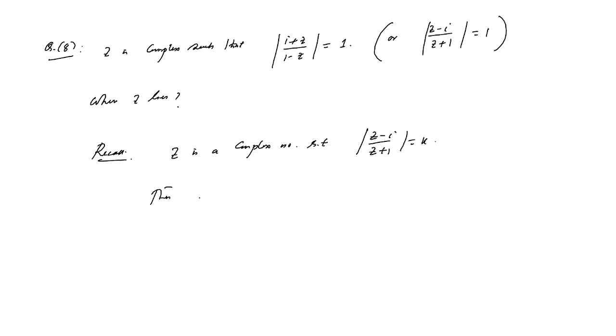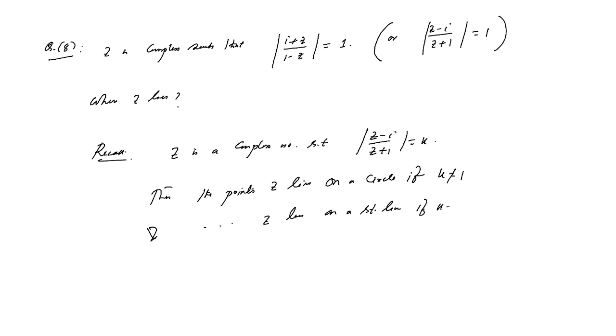Then the point z lies on a circle if k is not equal to 1, and the point z lies on a straight line if k equals 1. I hope you have one such option: z lies on a straight line. So this option will be correct. The answer is that z lies on a straight line, since the value of k equals 1.